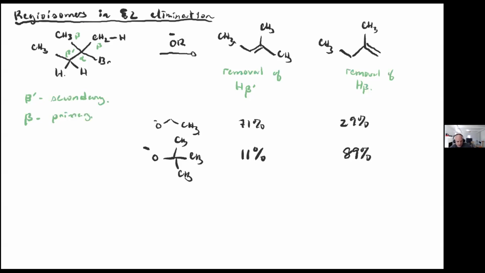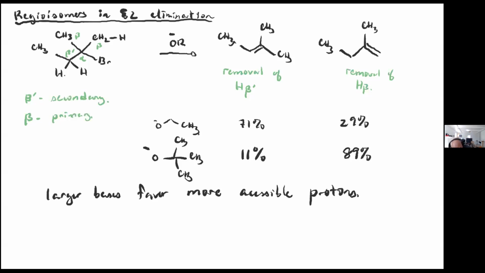So the take-home message from this is straightforward. Larger bases are always going to favor more accessible protons. Okay. And let me just write something down here to help you.